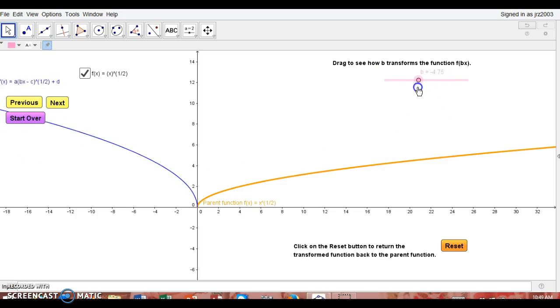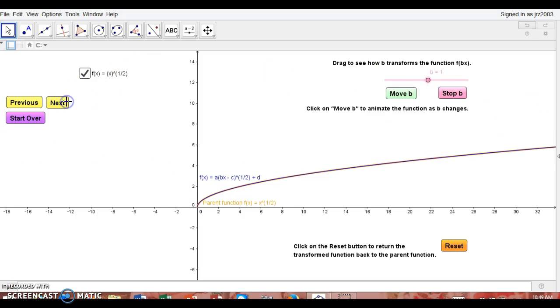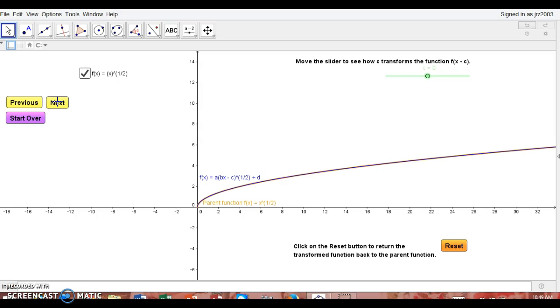Do the same with b. How does b transform the function? What if b is negative?